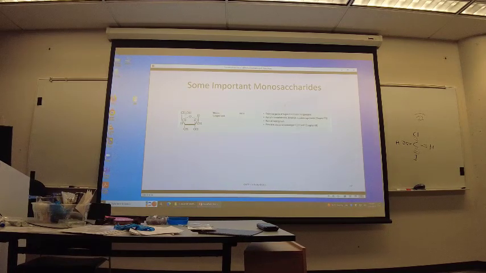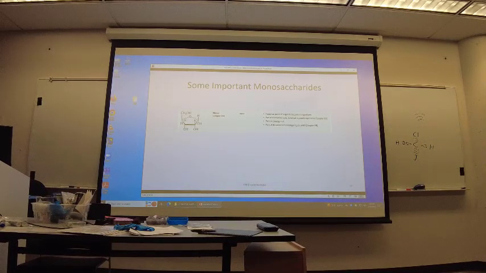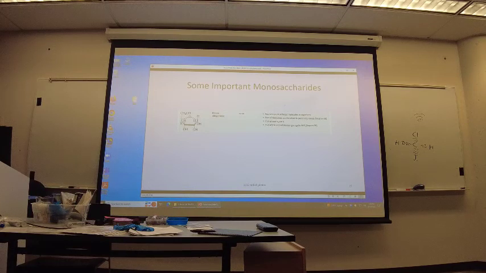And then here's the third one. This is the ribose. 5-membered ring. This is the stuff that makes the backbone for the DNA strand. So that's one of the 3 monosaccharides I want you to know.